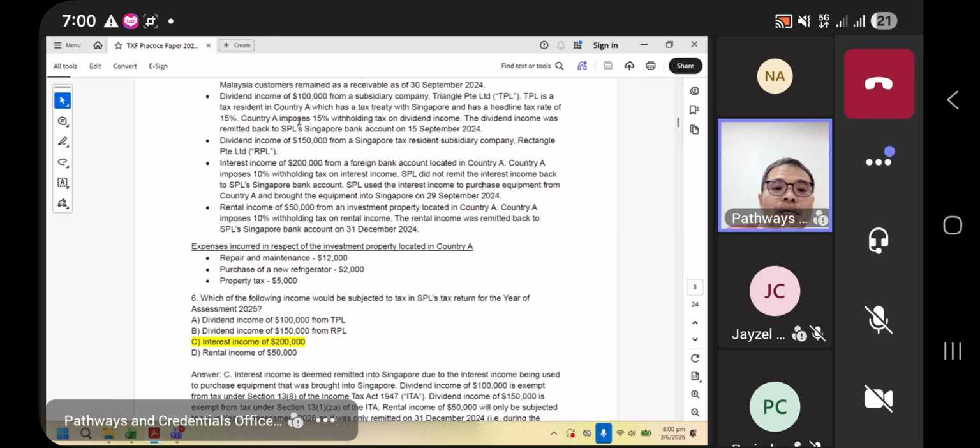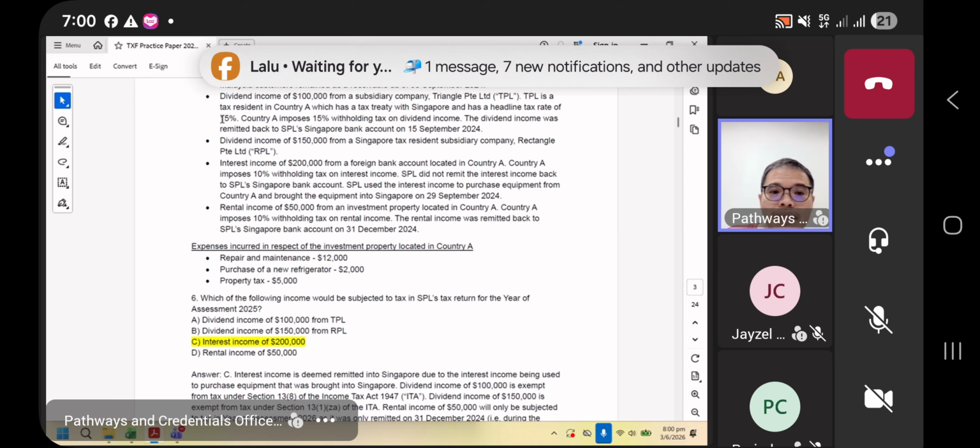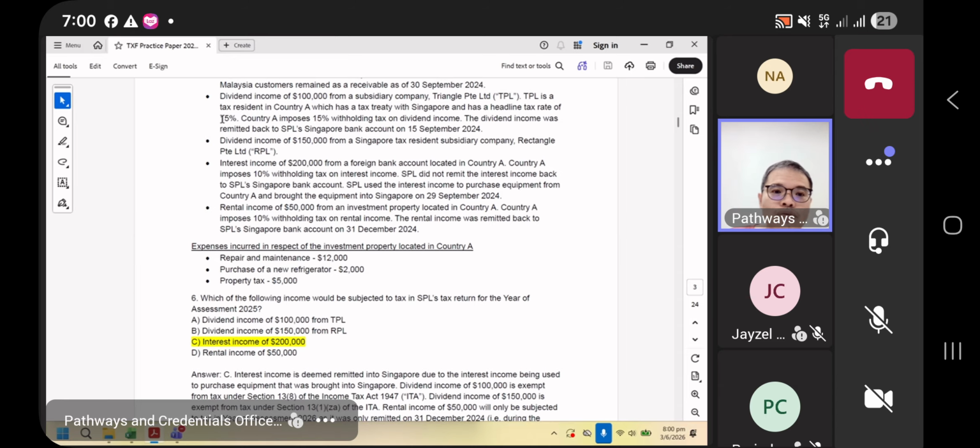So over here we see that for country A, the headline tax is 15%, so it meets condition 1. And secondly, the dividends income is subjected to 15% withholding tax. So given that this meets the FSIE scheme, even though it is received in Singapore, it would be exempted from tax under the FSIE scheme, or under what we call Section 13(8).